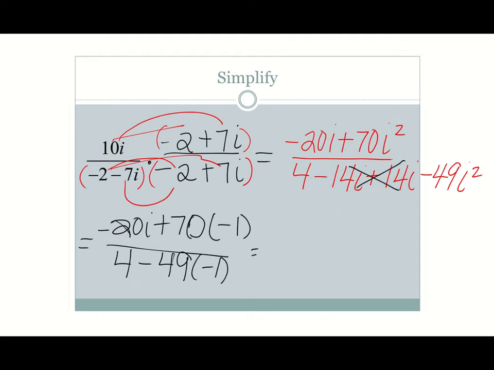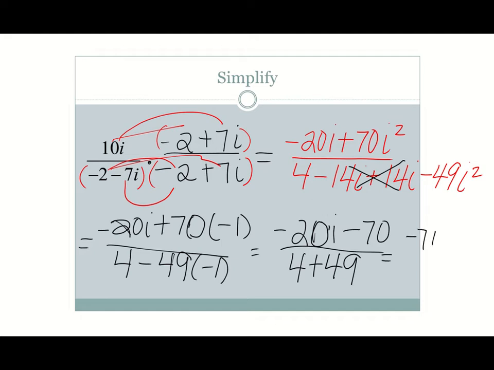So I have negative 20i minus 70 divided by 4 plus 49. So I'm going to write my number first, negative 70 minus 20i divided by 49 plus 4, which is going to give me 53. Nothing is going to simplify, so this is my final answer. Large numbers, but that is our answer, negative 70 minus 20i divided by 53.